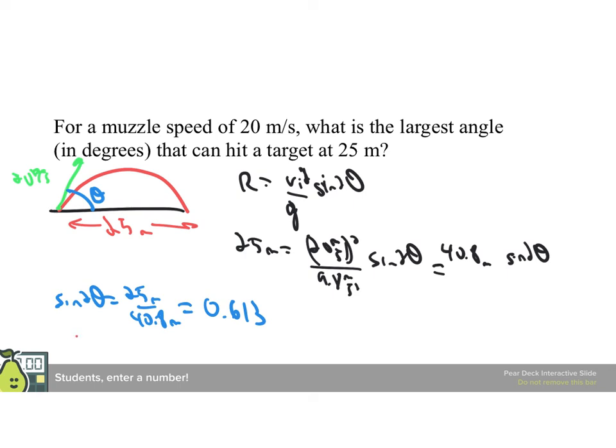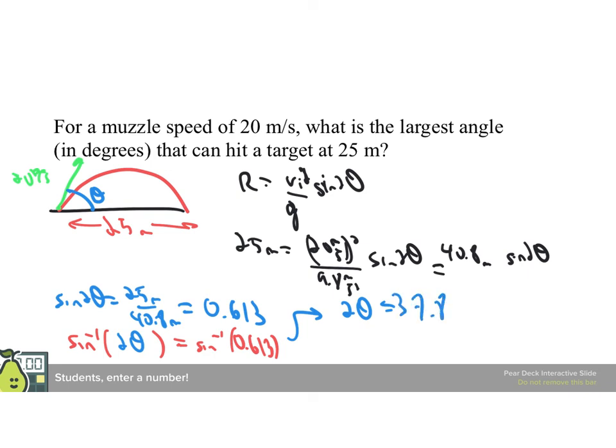Applying inverse sine to both sides, 2 theta is inverse sine of 0.613. So 2 theta is 37.8.